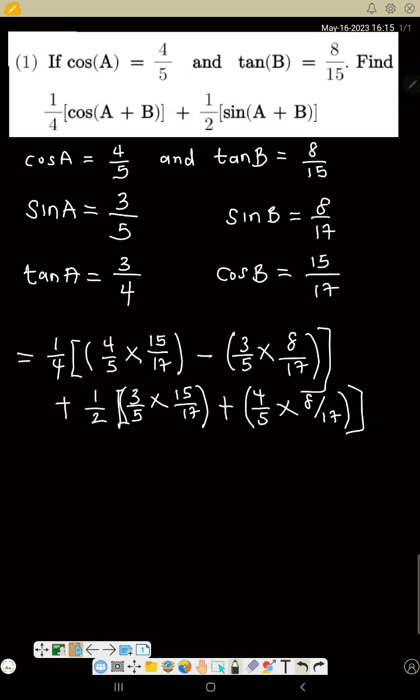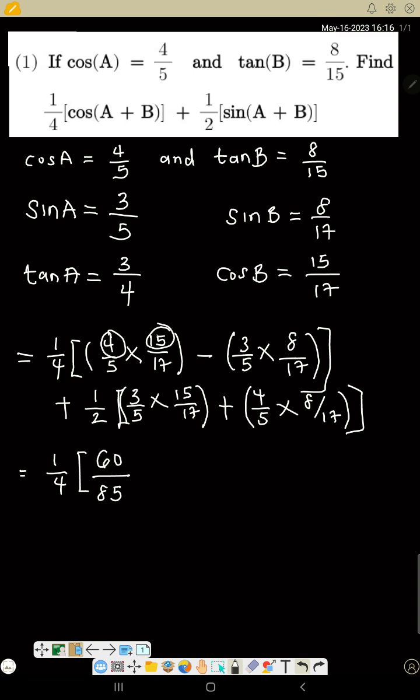Now this is the same thing as 1 over 4. I will not cut anything here so that my denominator will be the same throughout. So now 4 times 15, that is 60, divided by 5 times 17, that is 85.